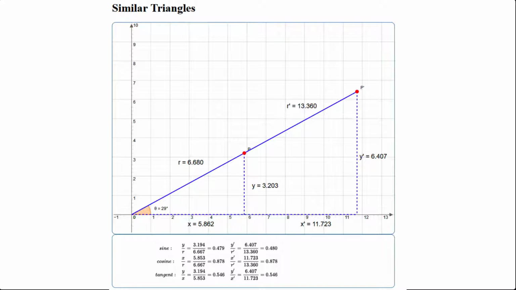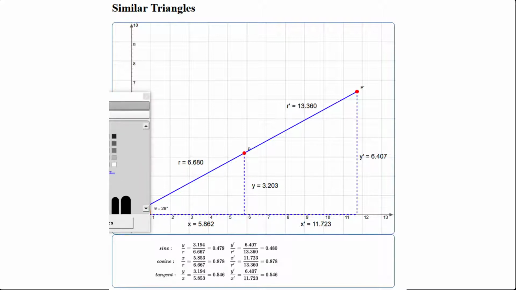Okay, so the next thing that I want to show you about triangles is what happens with the trigonometric functions in regards to similar triangles. Now, the setup that I have here, you may not notice it as two different triangles, but it definitely is, and I'm going to show you what I mean.